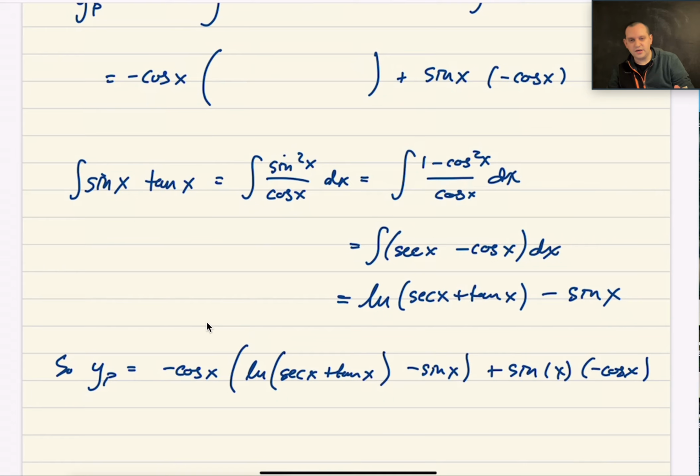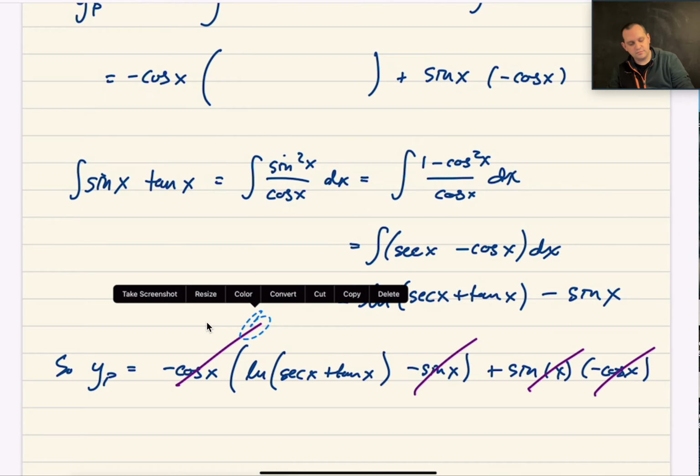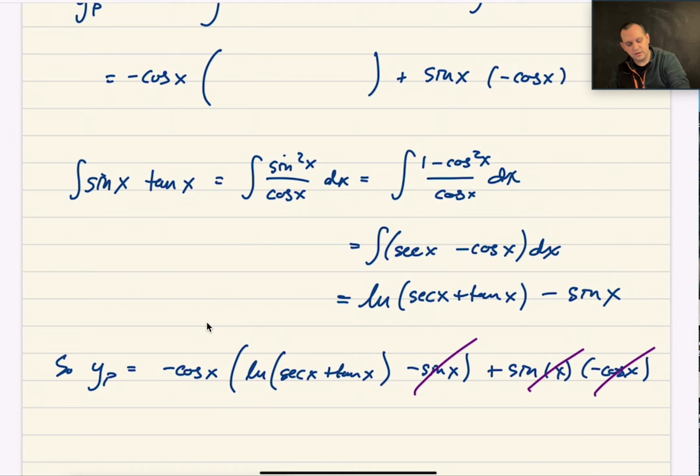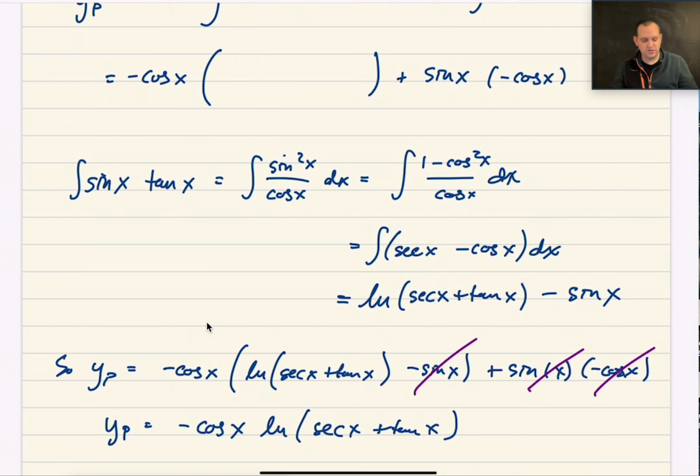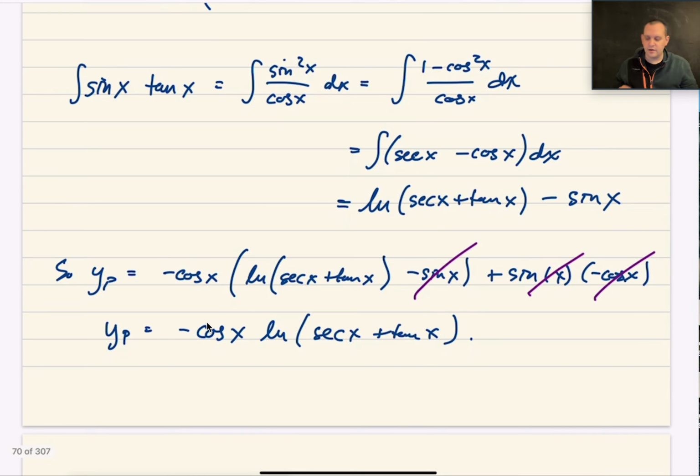And so if we were to distribute the negative cosine of x through, what would happen is we would get plus cosine sine minus cosine times sine. And then what that leaves us with is, I shouldn't have crossed off this term. This leaves us with our particular solution being negative cosine of x times the natural log of secant of x plus tangent of x. And again, we can just assume everything's positive and ignore the absolute value signs there.